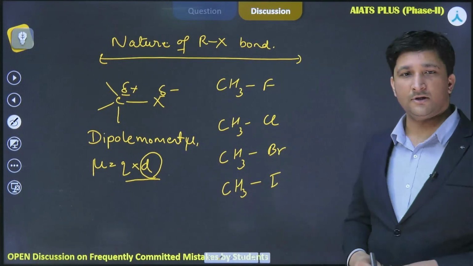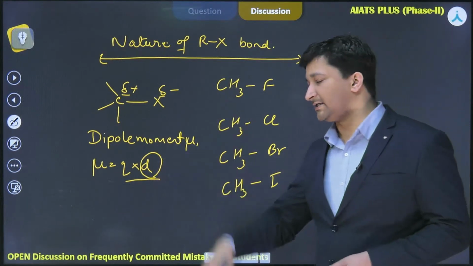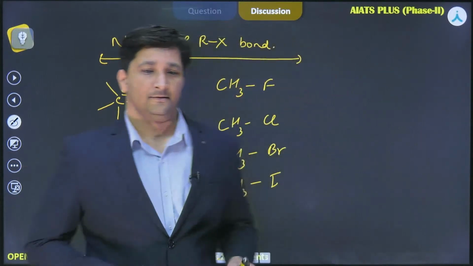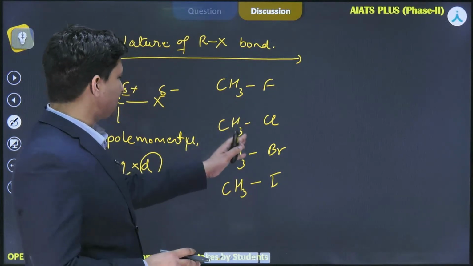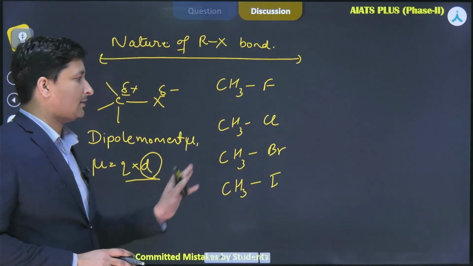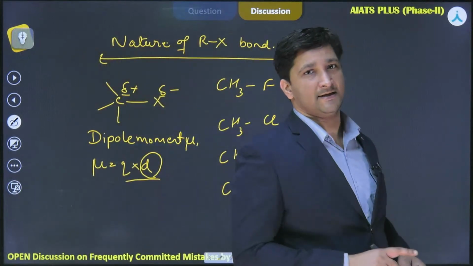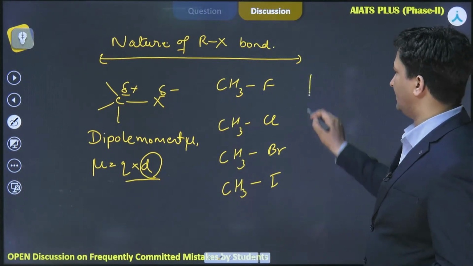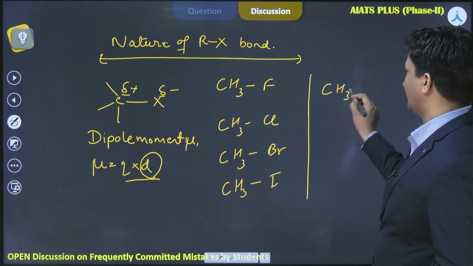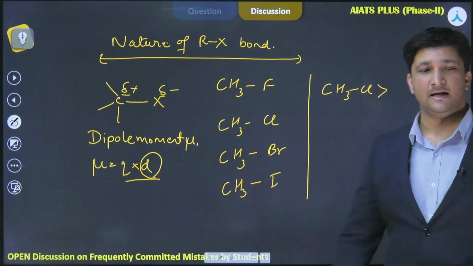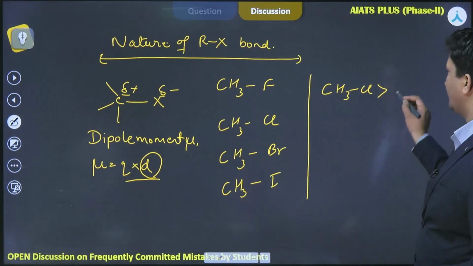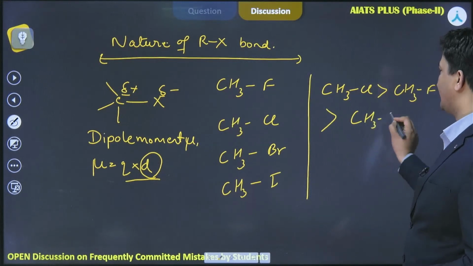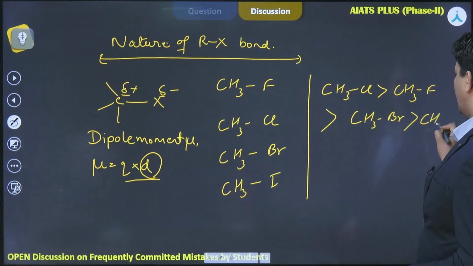As we move down the group, the size increases, the bond length increases, the D increases. Because of this increase in size, the product of Q into D for C-Cl becomes higher than C-F. So the order for bond polarity is this very interesting case, and most of the time a student commits a mistake here. C-Cl will be most polar, followed by C-F, then followed by C-Br, then followed by C-I.